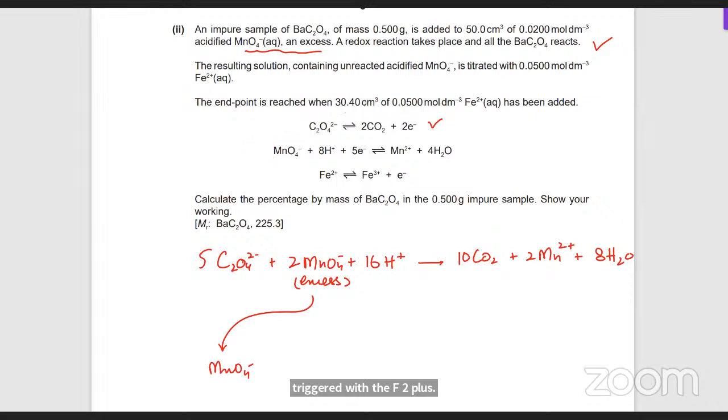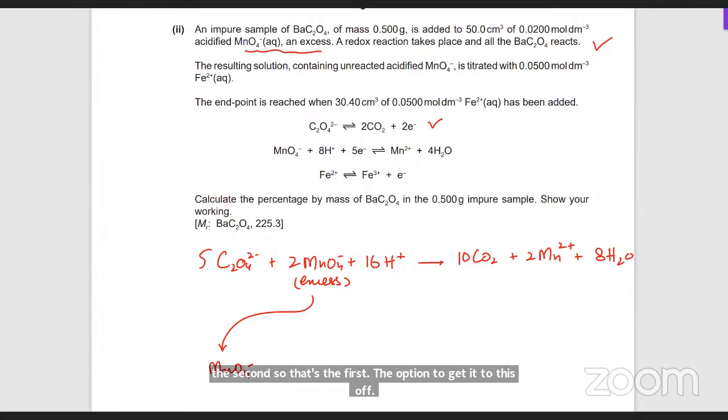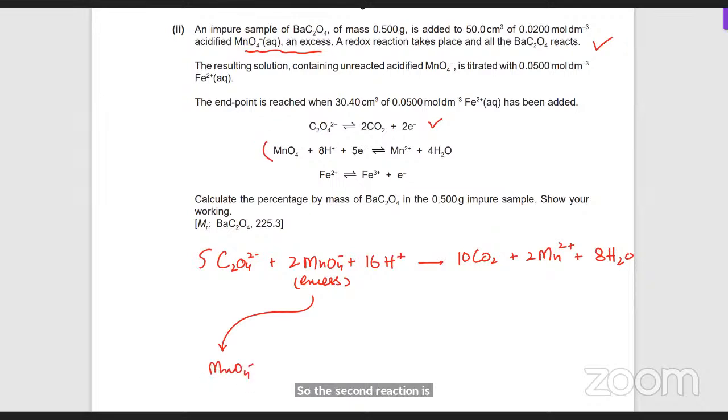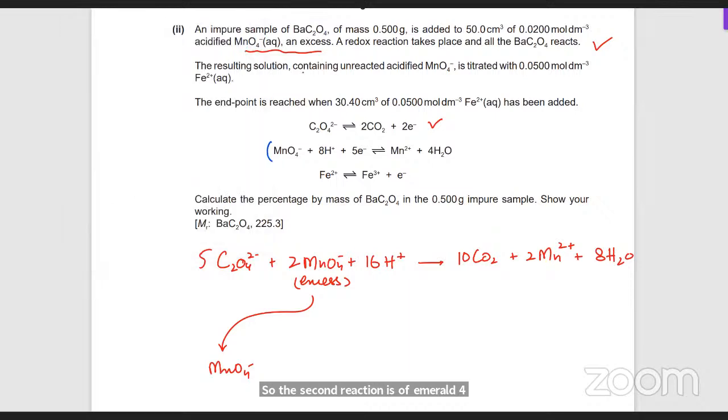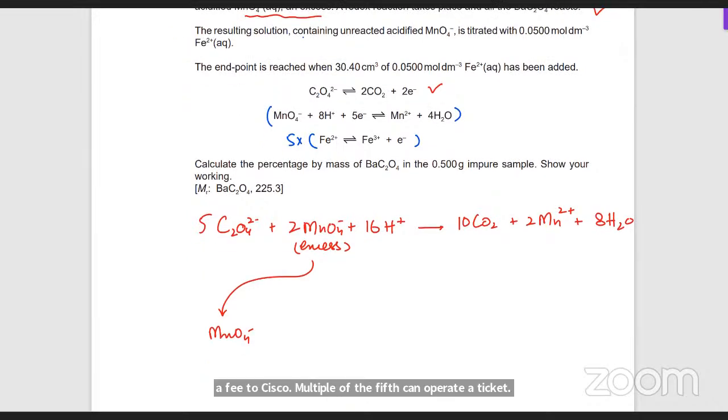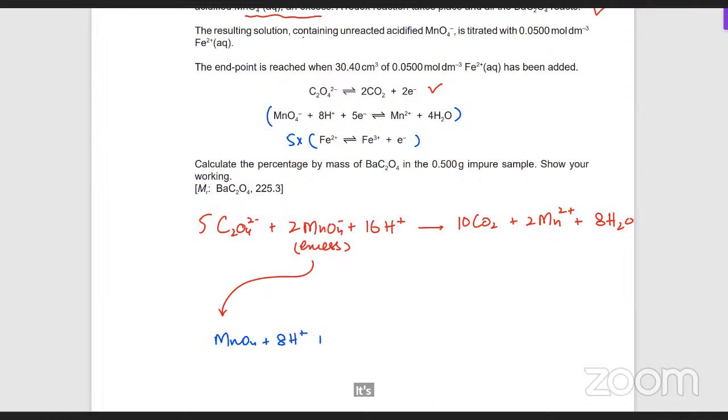So the second reaction is of MnO4 with Fe2 plus. So we need to multiply this by 5, okay? We're going to construct the second equation, which is MnO4 minus 1 plus 8H plus 1 plus 5 Fe2 plus.